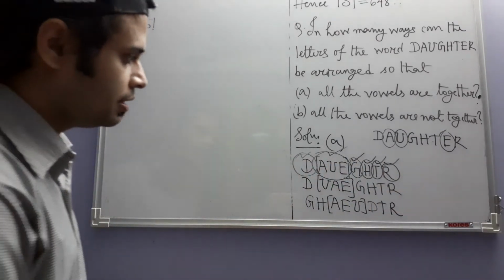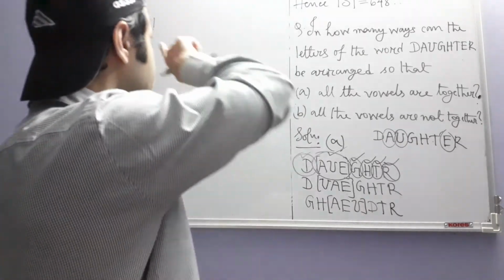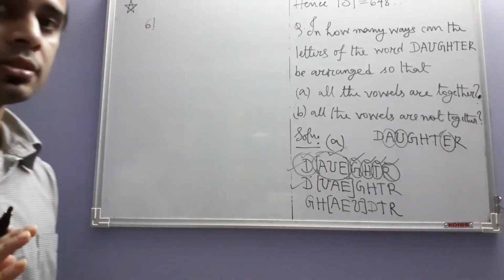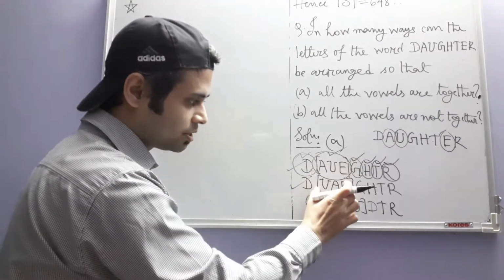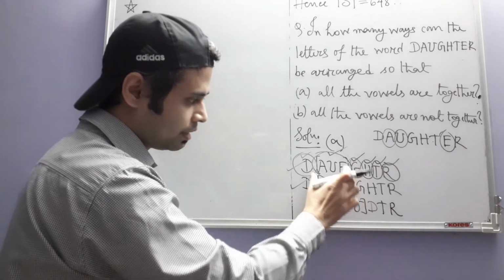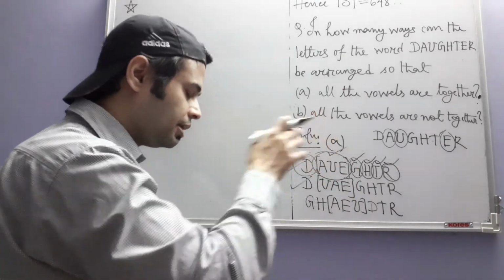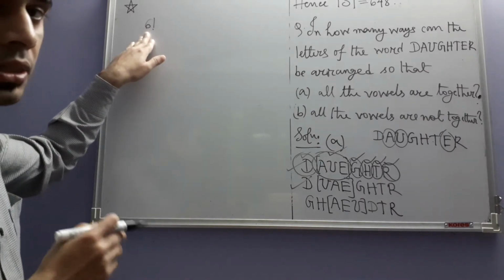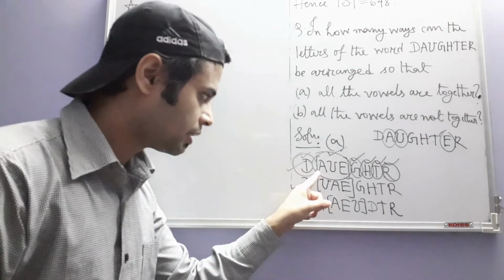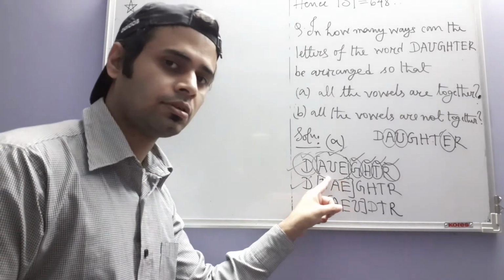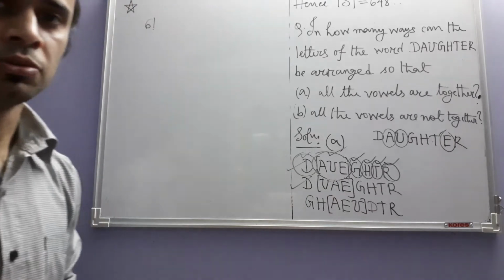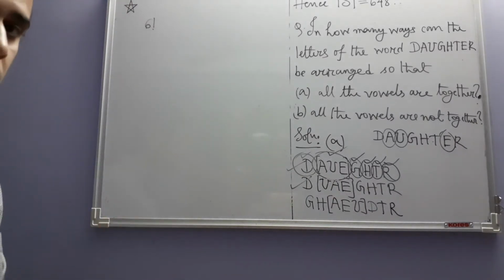But as you can see, in these arrangements, this composite object that I am putting here, in this counting where we are counting 6 factorial arrangements, the internal permutations of these 3 letters have not been accounted for. That we have to account for separately.